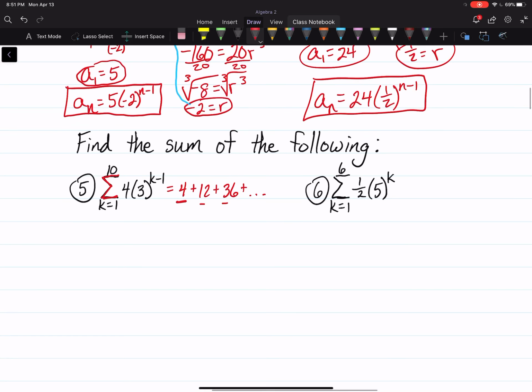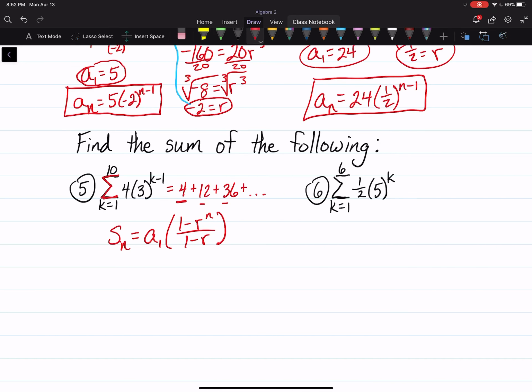So for number 5, the sum of a geometric series is a1 times 1 minus r to the n divided by 1 minus r. So basically, we know everything we need to know from our problem, okay? Our first term, s sub n in our problem, how far is it from 1 to 10? And the answer to that is 10.